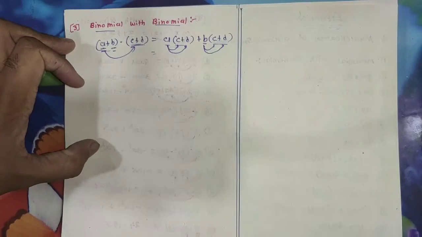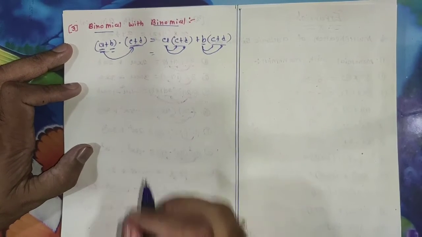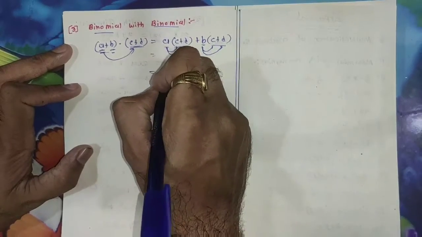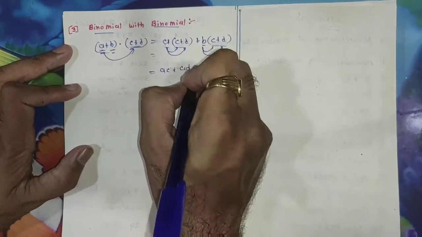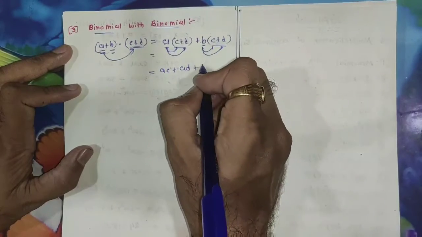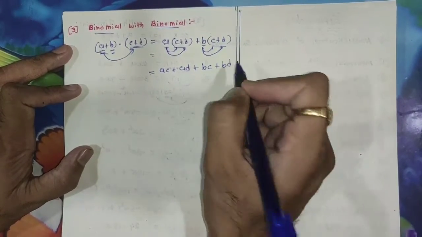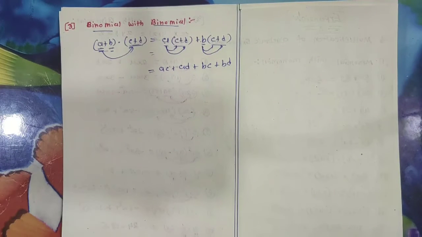That is monomial with binomial, our second type of multiplication that we already discussed. So this is nothing but a into c, ac, plus ad, plus b into c, bc, plus b into d, bd. So this is how you can perform the multiplication of binomial with binomial.